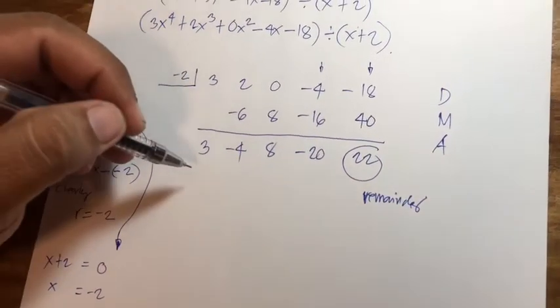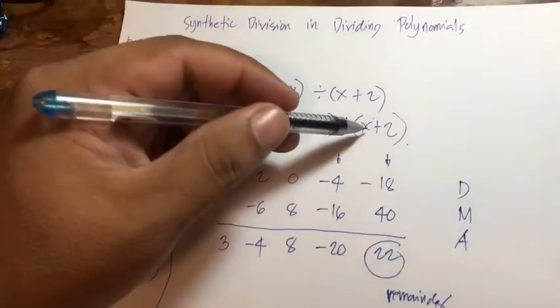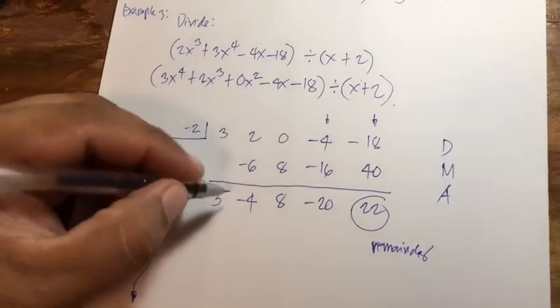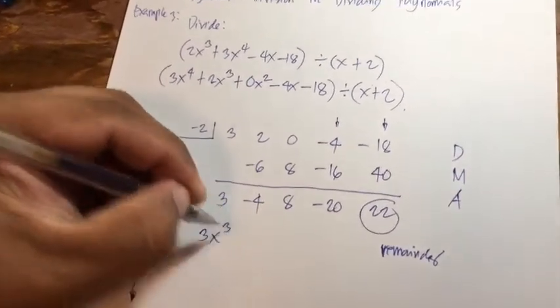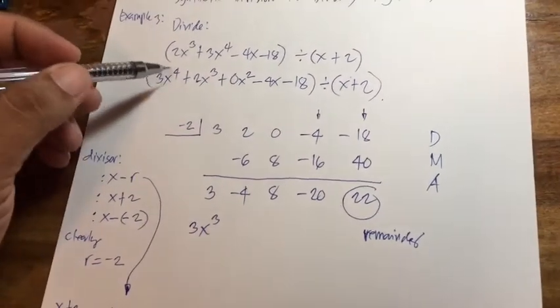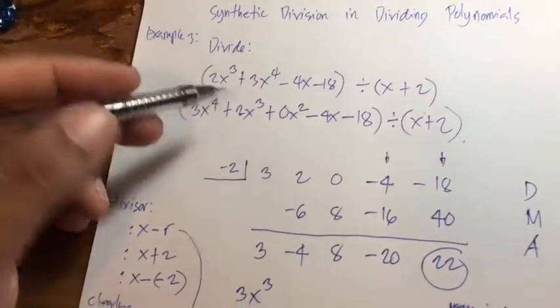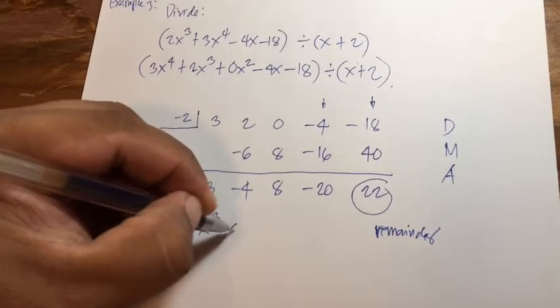So, what is x to the 4th power divided by x? That is x cubed. So here we have 3x cubed. Still, it is 1 degree less than the degree of our dividend or polynomial. So 3x cubed, then minus 4.